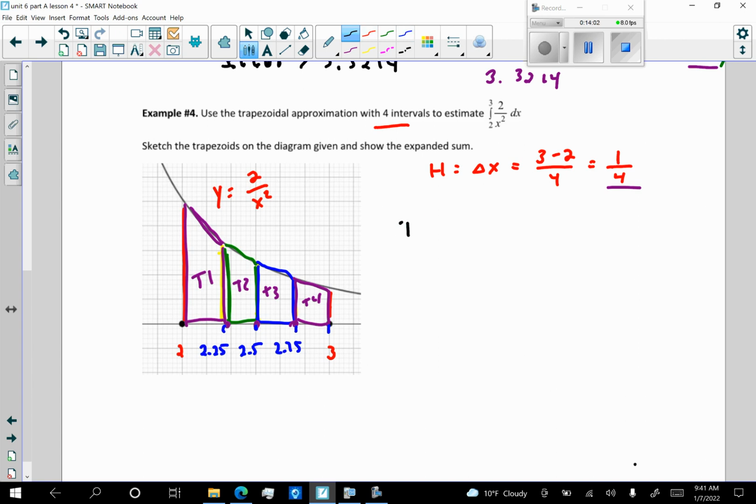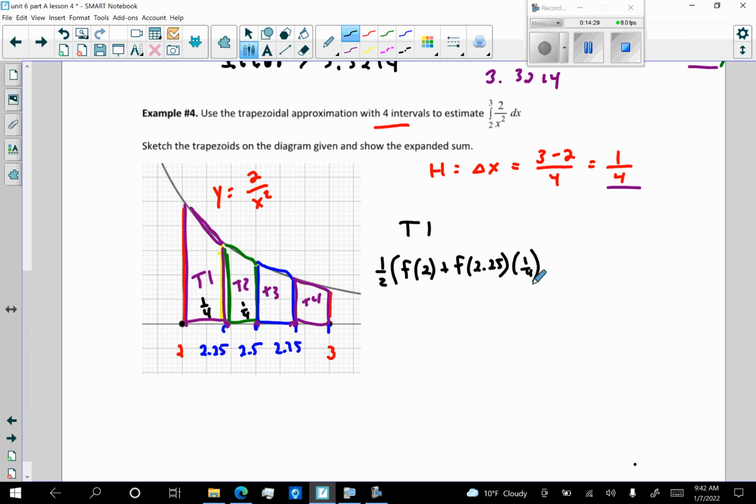So I have trapezoid 1. Trapezoid 1 is going to be, again, 1/2 sum of the bases. The sum of the bases are going to be f of 2 plus f of 2.25. This time the height is going to be, these guys are all going to be 1/4. So the height is going to be 1/4.